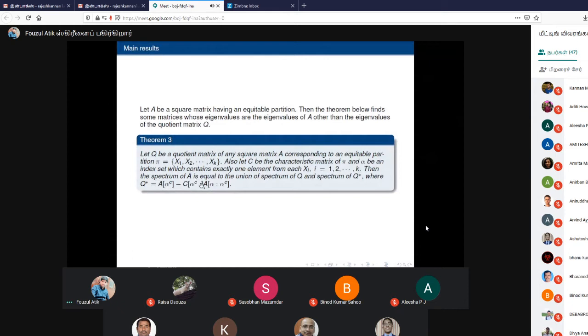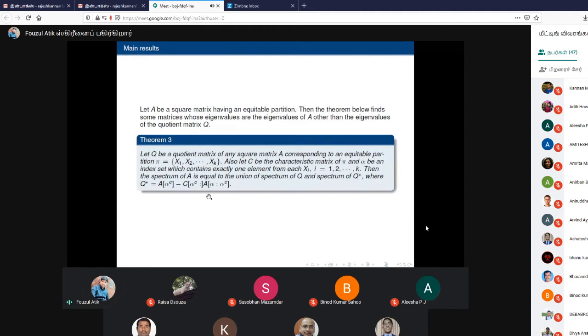Then the spectrum of A is equal to the union of the spectrum of Q and the spectrum of Q star. Now that part we know already, the spectrum of Q, because all the eigenvalues of the quotient matrix are also eigenvalues of the original matrix. Now here it comes, the spectrum of Q star. The other eigenvalues of the matrix A will lie in the complement matrix Q star, where Q star is equal to A of alpha complement minus, some calculation you have to do, nothing but some addition, multiplication.